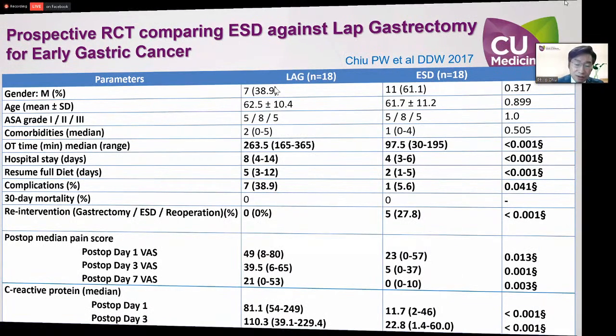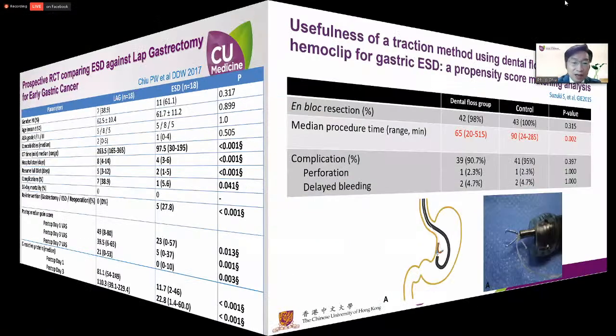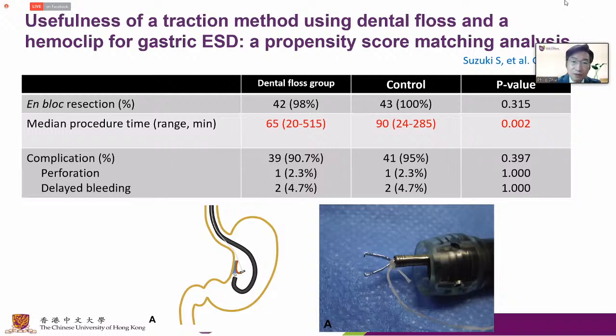And as I mentioned, one of the disadvantages of ESD is that unlike minimally invasive surgery, we do not have another arm. So we need to use one single arm attached to the scope for the dissection, which is quite difficult.